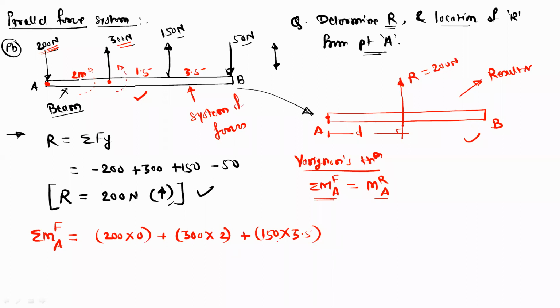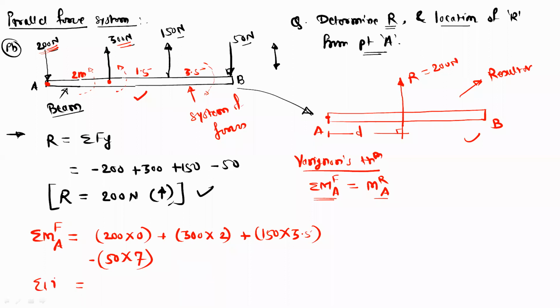So it is positive. And last is 50 Newton. So 50 into perpendicular distance is 2 plus 1.5 plus 3.5. It is a 7. And this moment, it is in the clockwise direction. So it is minus.